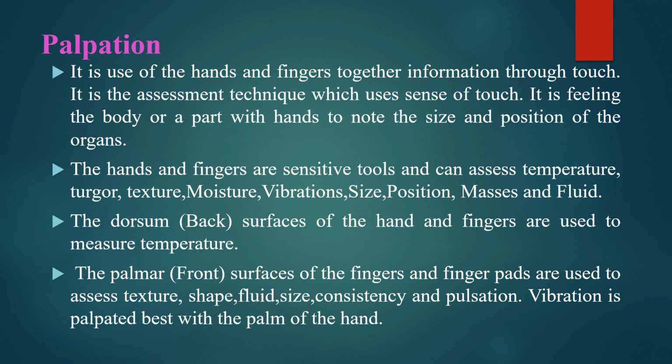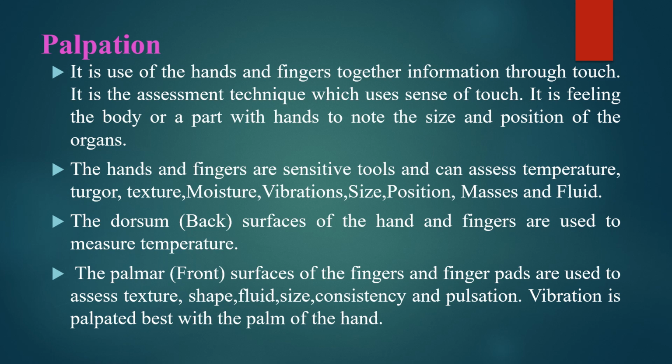The hands and fingers are sensitive tools and can assess temperature, turgor, texture, moisture, vibrations, size, position, masses and fluid. As well as enlargement, you can see if any fluid is there with the help of palpation. Texture, color, temperature, everything you can identify by touch.